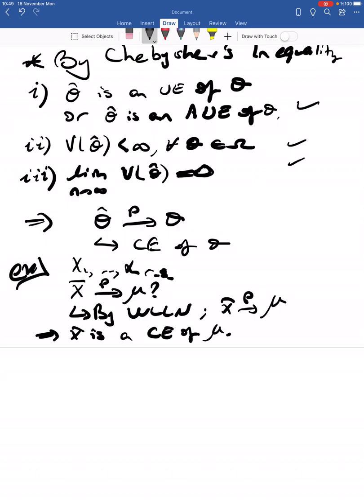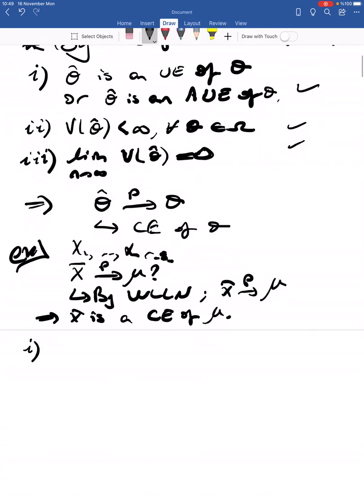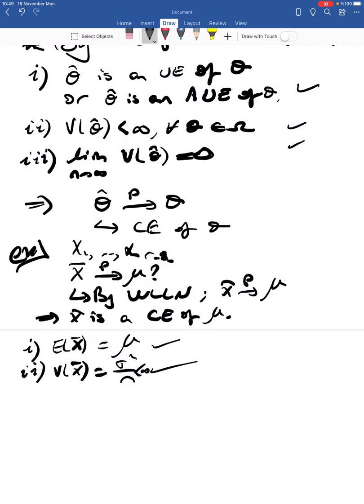But let's check the rules also. The first one, expected x bar always equals the population mean. The first condition is satisfied. Then the variance of x bar is sigma square over n, whatever that is. So it is finite. And third rule, limit when n goes to infinity of variance of x bar, sigma square over n, is 0.